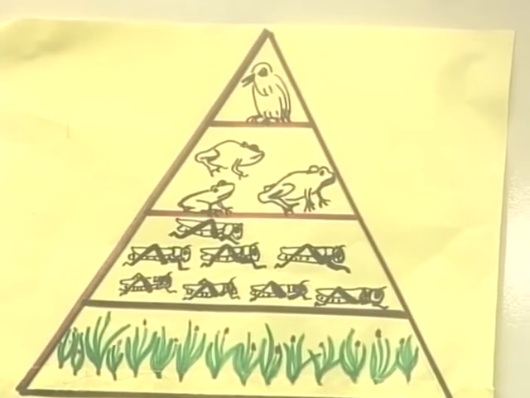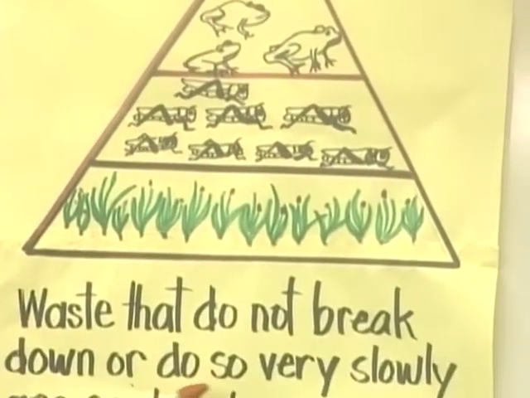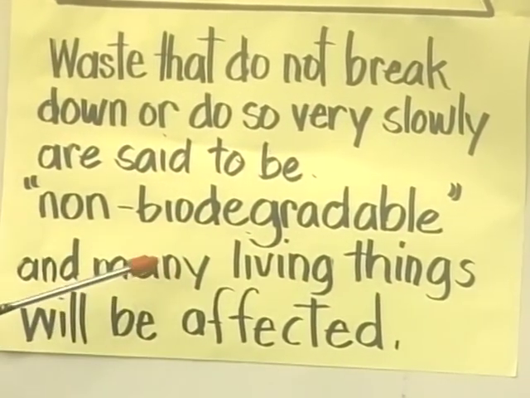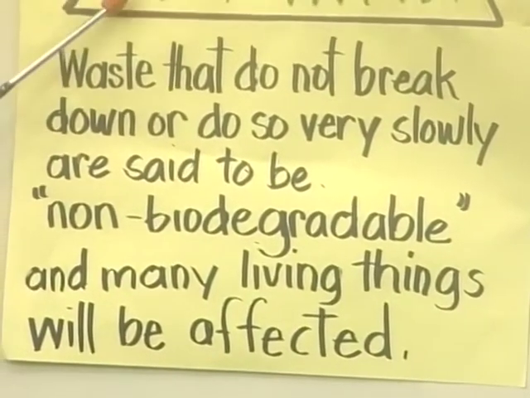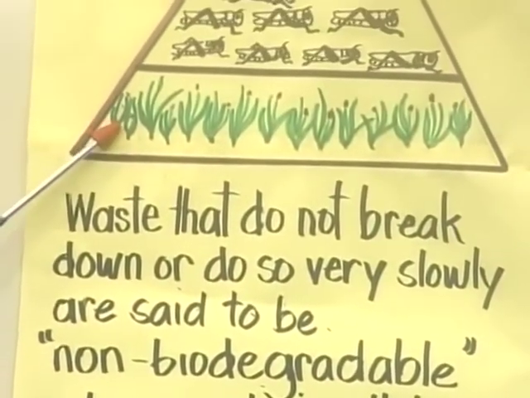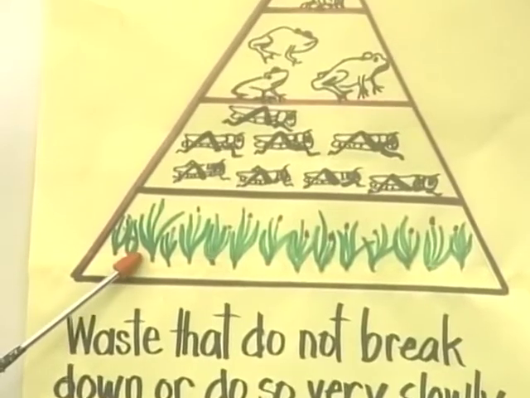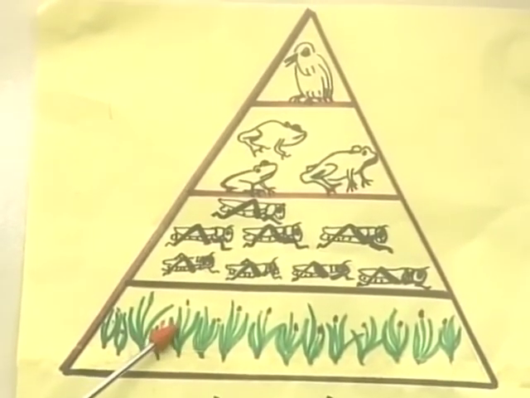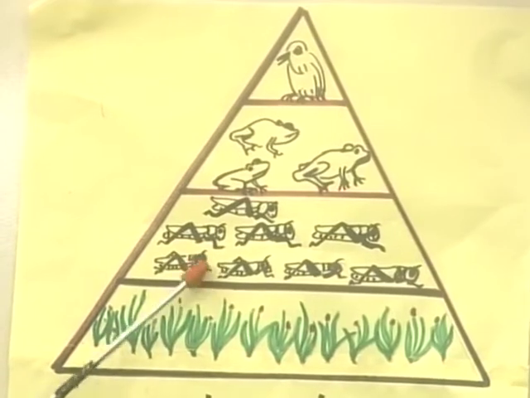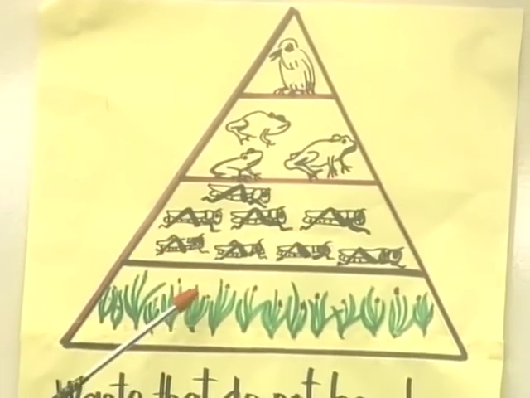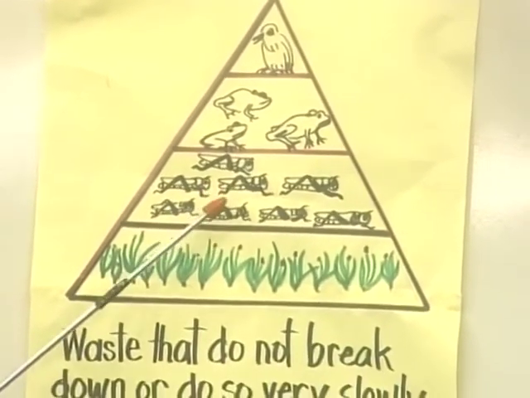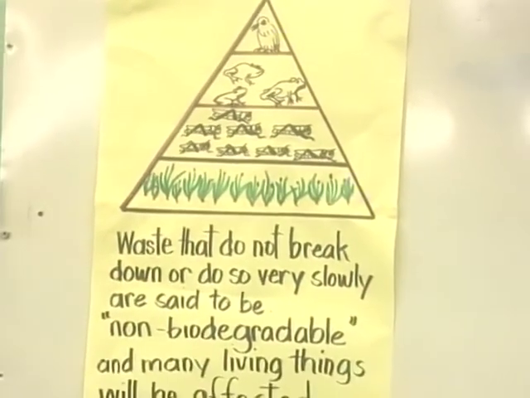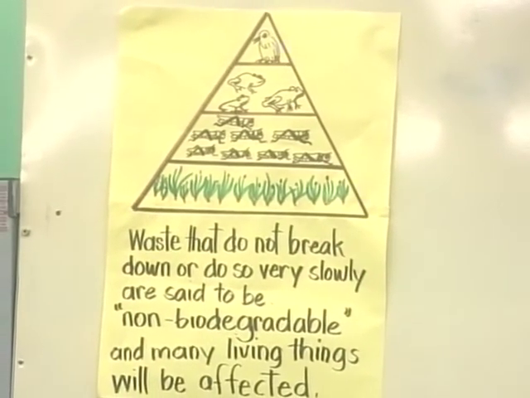So waste that does not break down, or does so very slowly, is said to be non-biodegradable, and many living things will be affected. Now, where is our waste here? When we apply the insecticide, if we apply so much and it's all taken in, it's non-biodegradable, and it's passed on, and eventually when we as living things consume along the line, we will all be affected.